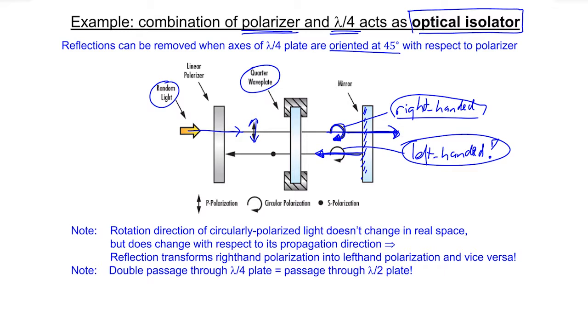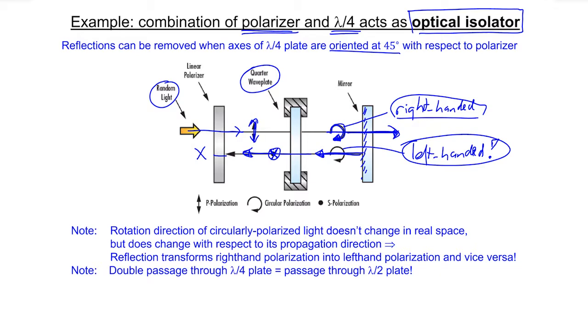Very important. And if you continue to follow the propagation of this left-handed polarized light through the quarter wave plate, you'll see that at the output of the quarter wave plate, the light is again converted from circular polarized light to linear polarized light, but now the orientation of this linear polarized light is out of the plane, at 90 degrees with respect to the polarization we had here, which means that this light is fully blocked by the linear polarizer.